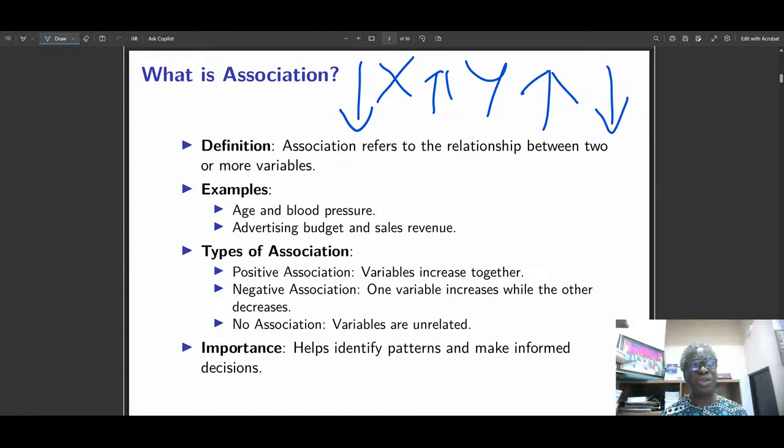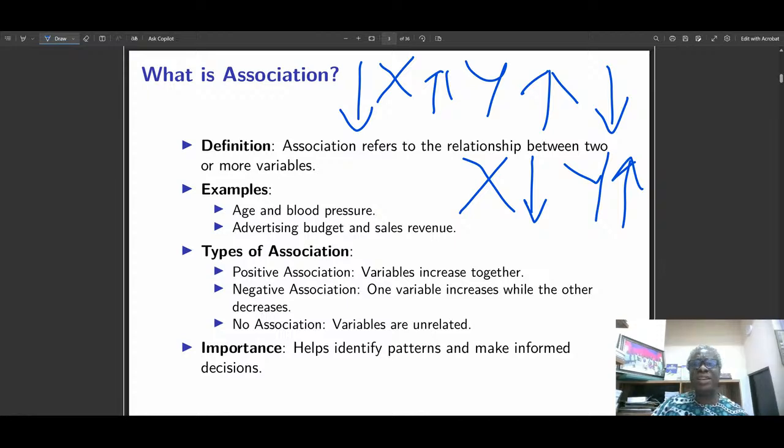Increase in one leads to increase in the other. Decrease in one leads to decrease in the other. But it is negative if you have a situation where when x is decreasing, y is increasing, and vice versa.